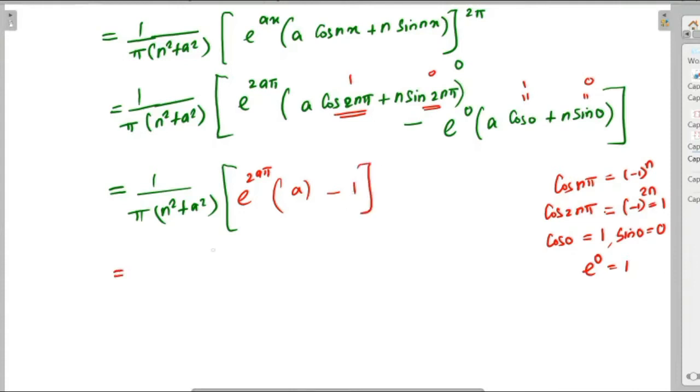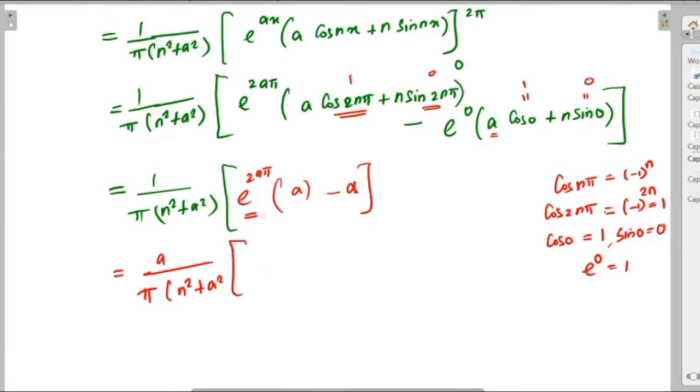Which is equal to, similarly like in the previous calculation, here I forgot to put a, so please put the a. You can take a as a common term.